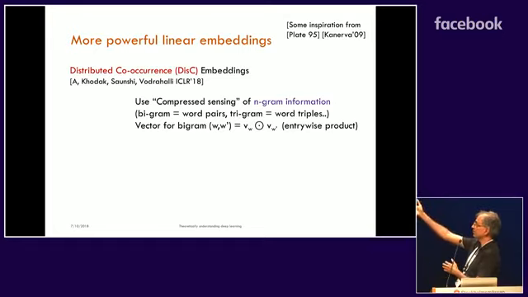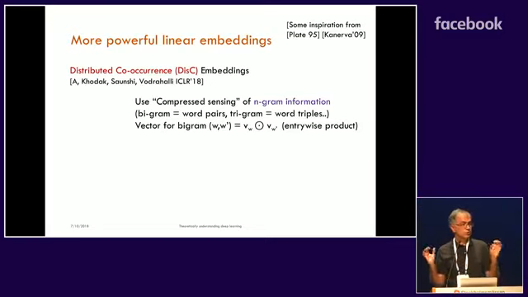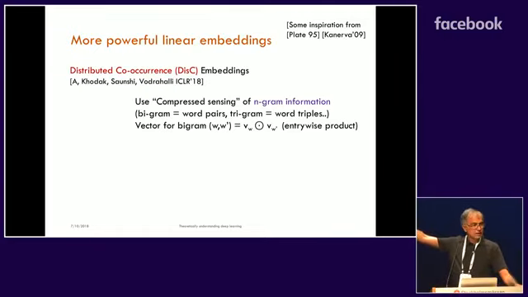A bigram is a word pair, a trigram is a word triple. So we are even going to do a compression of that. Again, linear compression, and you define an embedding for bigrams, trigrams, etc., using entry-wise product, and you use that in the linear embedding. That's it.